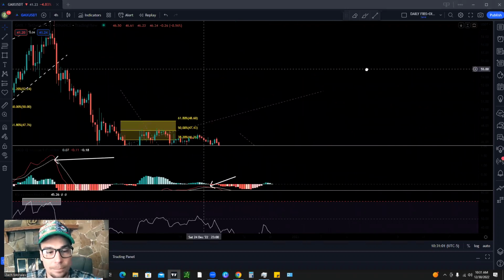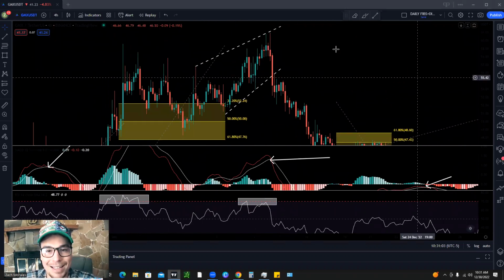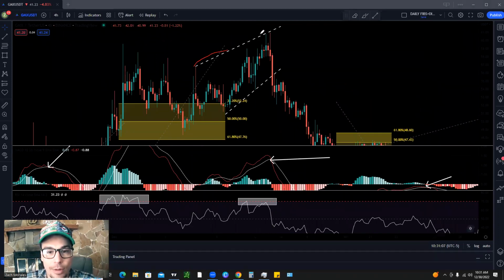So in this case, what we're going to be looking at is a bearish chart pattern known as a rising wedge, indicated by this trend line here on the top and this trend line here on the bottom. You see the price action is just zigzagging in between here, and you get a sharp move to the downside once you break this major trend line right here. As you can see, we got the MACD sell signal also right here.